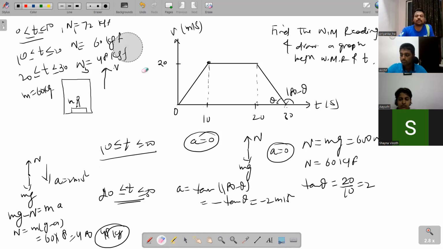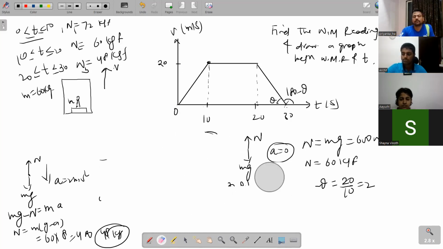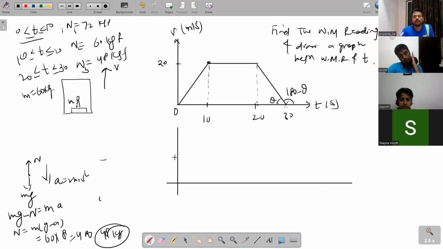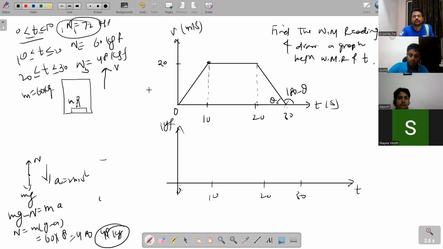Noted? Now, if I draw the graph, reading versus time. So from 0 to 10, 20 and 30, you can see that from 0 to 10 reading is 72 kgf. So here is 72 kgf. And after that from 10 to 20 it is 60 kgf.